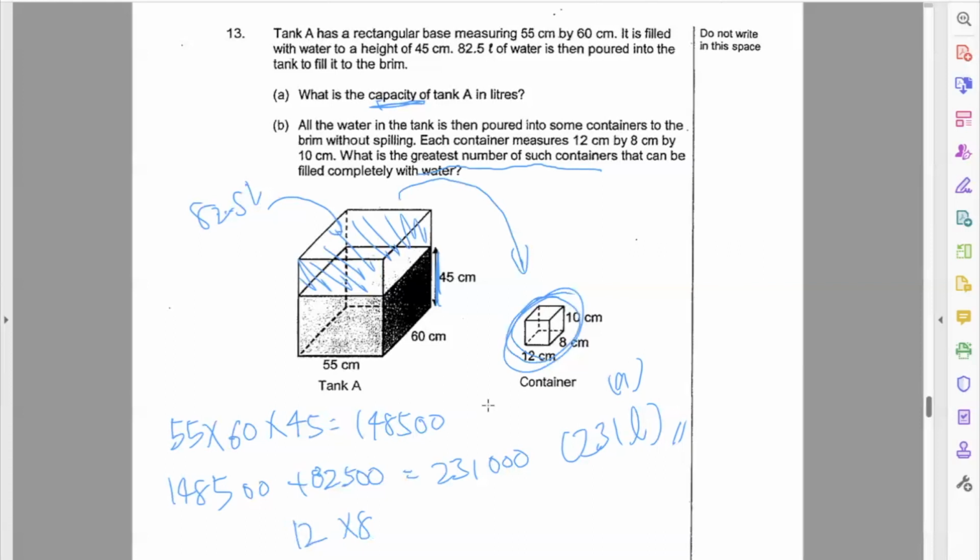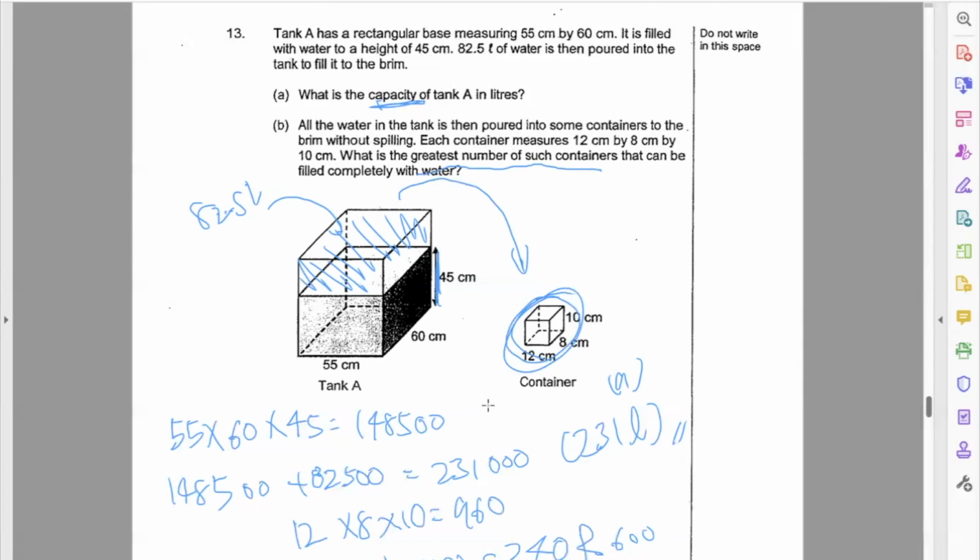The tank has a total of 231 liters. Let's convert to ml. 231,000 divided by 960. You will get 240 remainder 600.